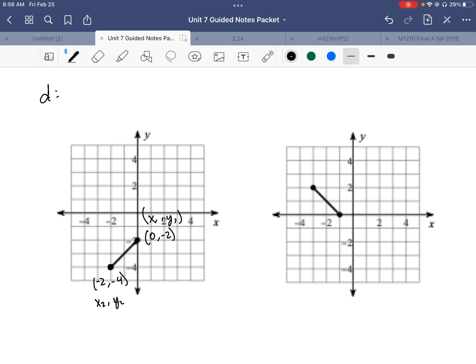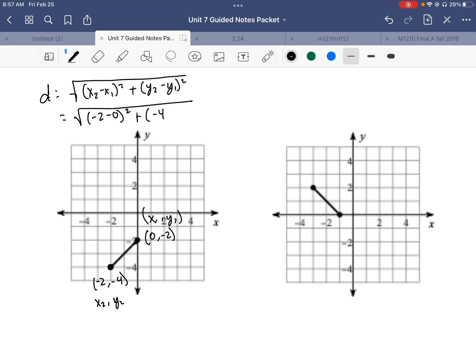So we write out our formula. D equals the square root of x2 minus x1 squared plus y2 minus y1 squared. We replace what we know. So this one would be -2 minus 0 squared plus -4 minus a -2 squared.